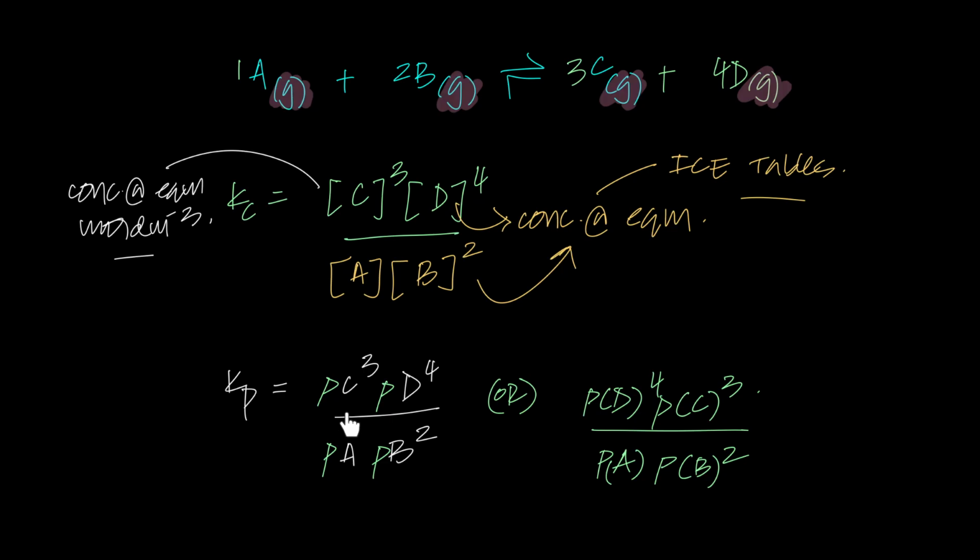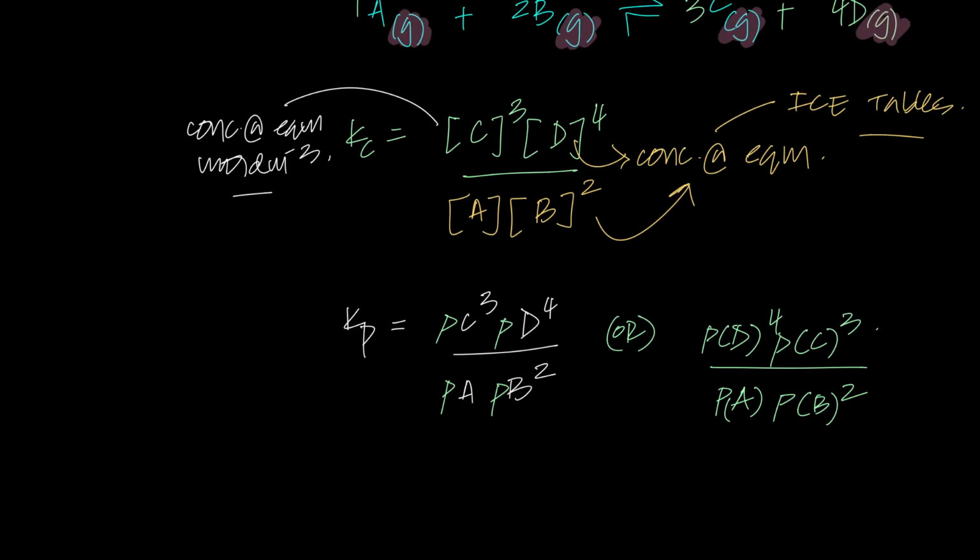It's your choice, but you can't use square brackets. These are nomenclatures you need to stick to, to differentiate between these two. My question to you guys is very simple.